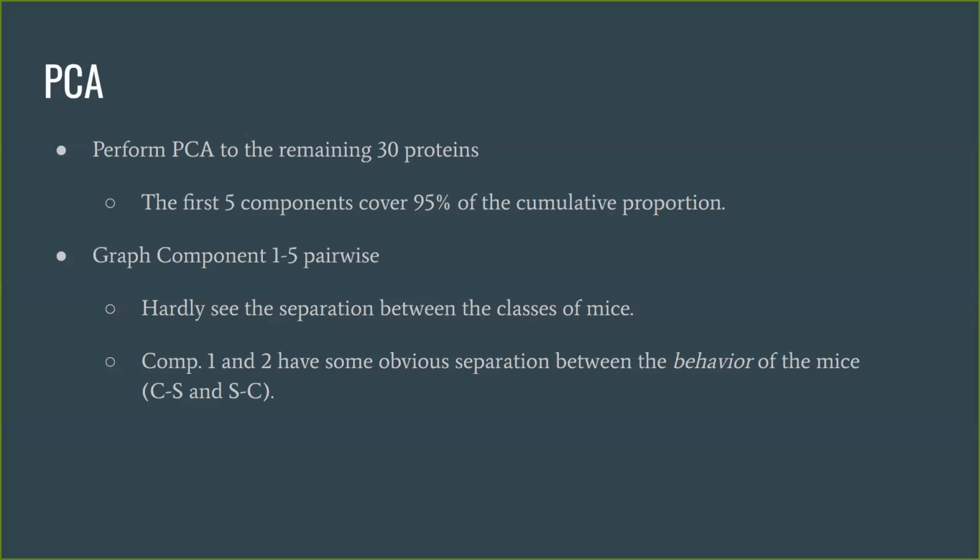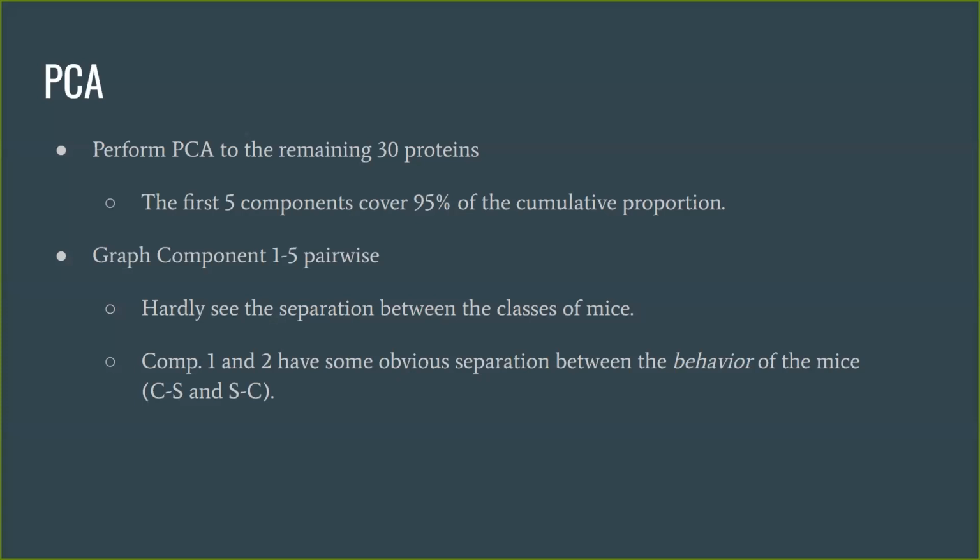And then for the principal component analysis, we perform PCA on those 30 proteins. We see from the PCA that the first 5 components cover around 95% of the cumulative proportion. We graph those 5 components, but we hardly see any separations between the classes of mice.